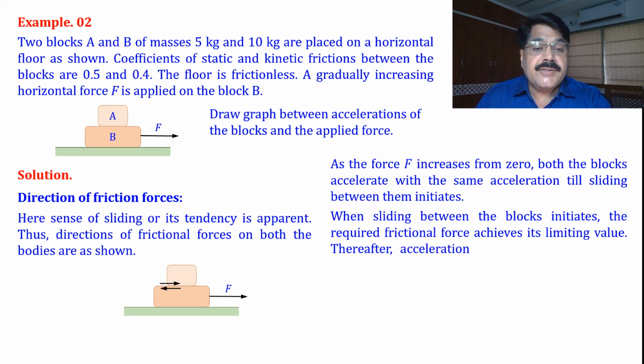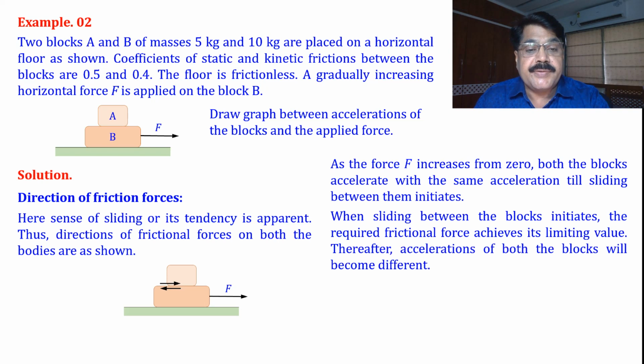Thereafter, the accelerations of both the blocks will become different. So this is the condition: at what value of force F does this friction force become limiting friction? That is the condition of sliding. For that, we first have to decide the limiting friction, so let us calculate it.